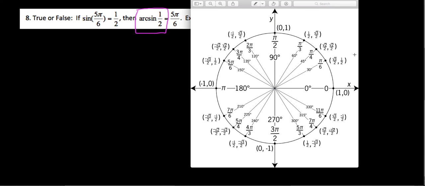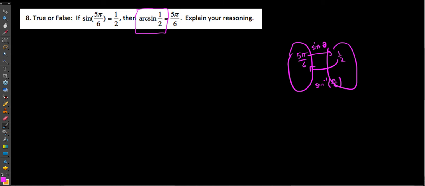I only see it right here, and that angle is 30 degrees or pi over 6, and not 5 pi over 6. The arcsine of a half would only be positive 30 degrees or positive pi over 6. So in terms of what I would write here, I have to say false. It's not always false.